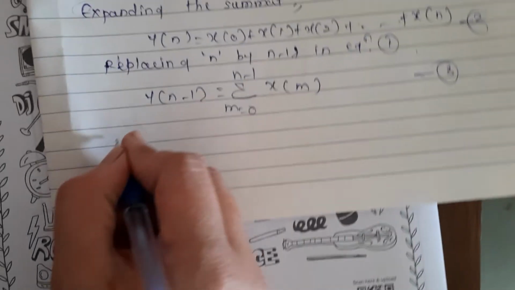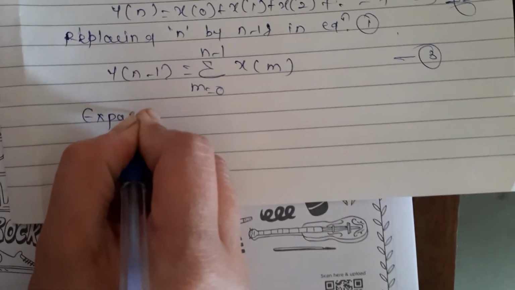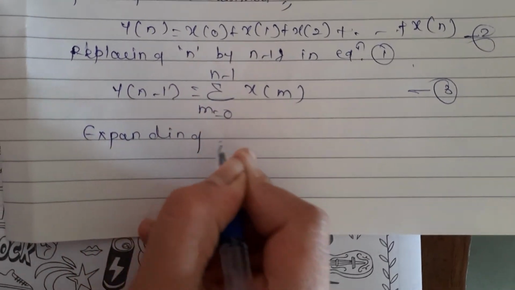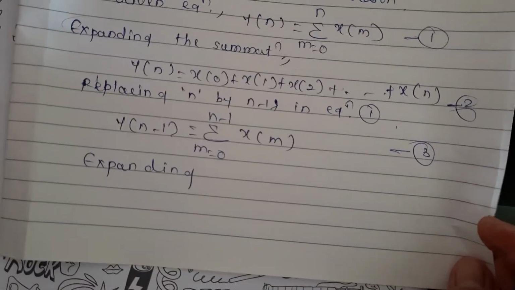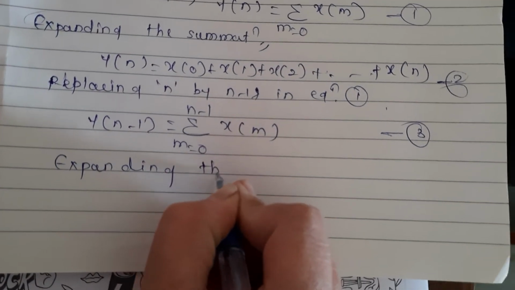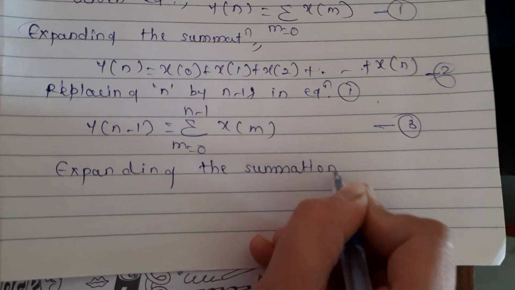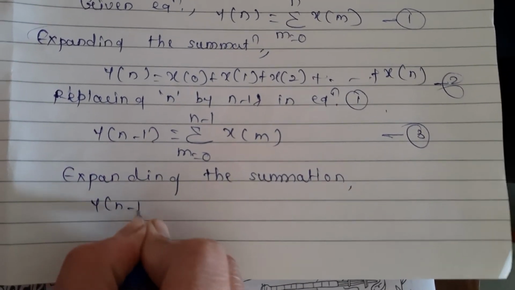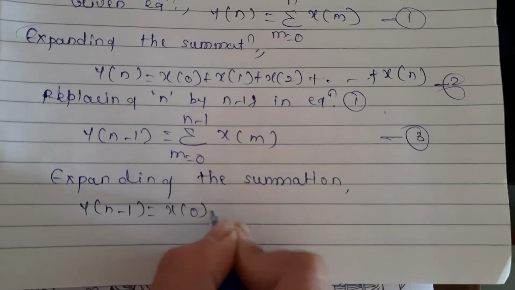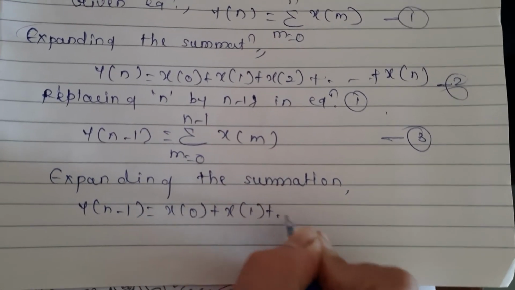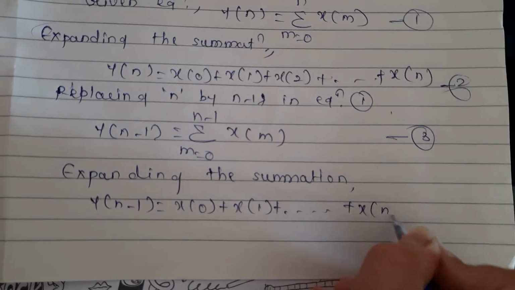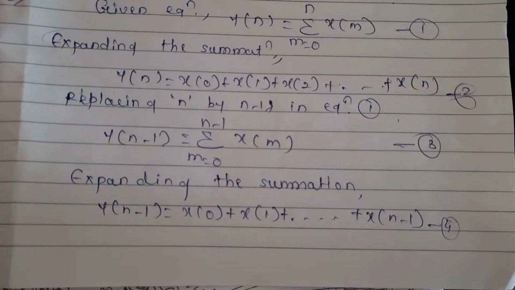Now expanding again this summation, we get y of n minus 1 is equal to x of 0 plus x of 1 plus dot dot x of n minus 1. This is equation 4.